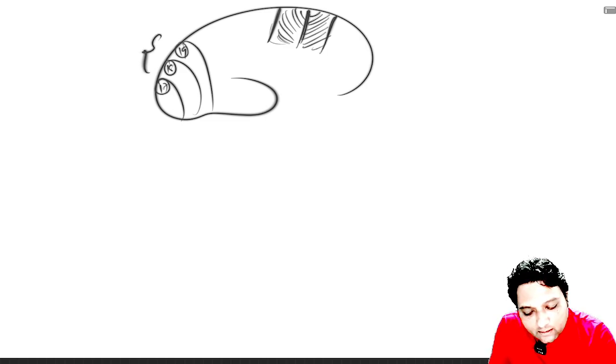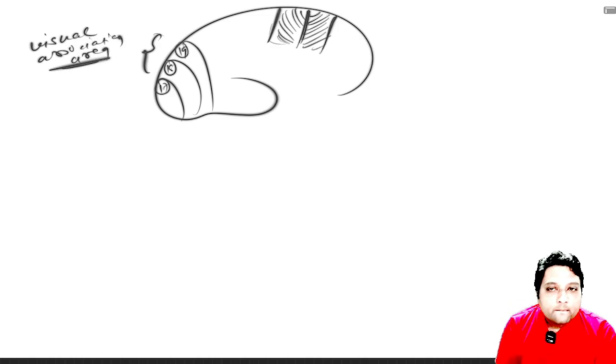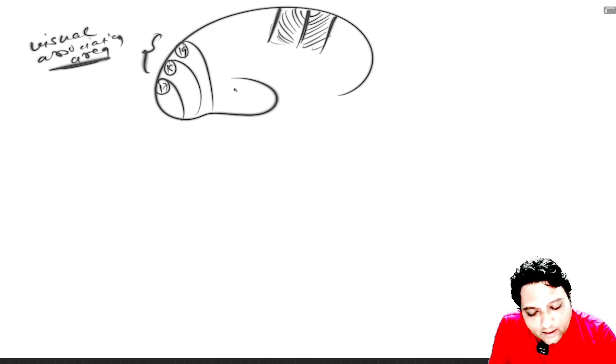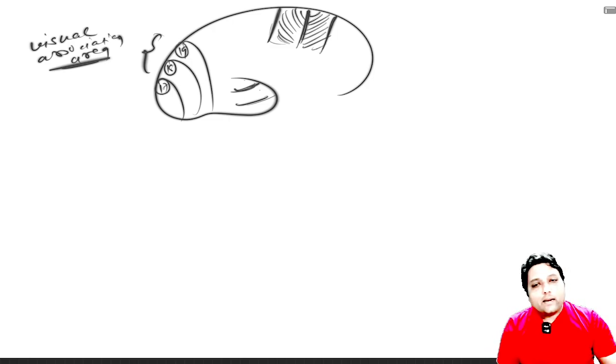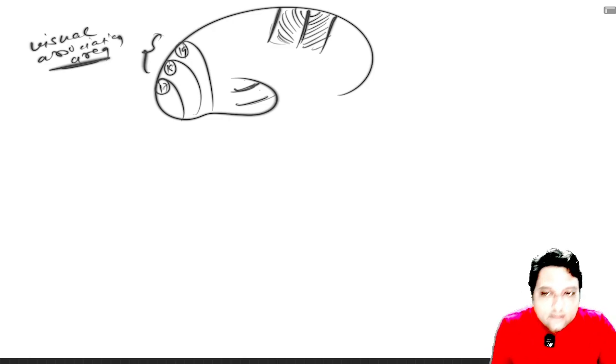Secondary and tertiary visual cortex is also called the visual association area. In the same way, in the temporal lobe, there are three gyri, superior, middle and inferior temporal gyri, which are concerned with the primary, secondary and tertiary auditory cortex respectively.